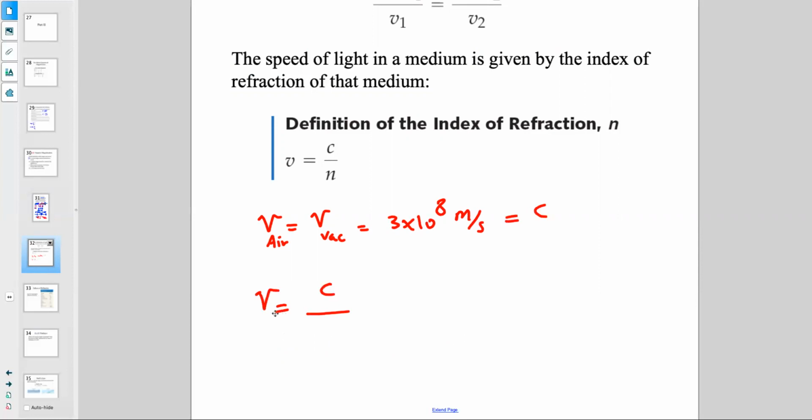So if it's not air and it's another substance, for example glass or water or diamond or plastic, then it is slowing down a little bit. The way to find it is that you have to know the speed of light in the vacuum, which is right here, and divide that by a number n, which is called the index of refraction. This n depends on different materials.